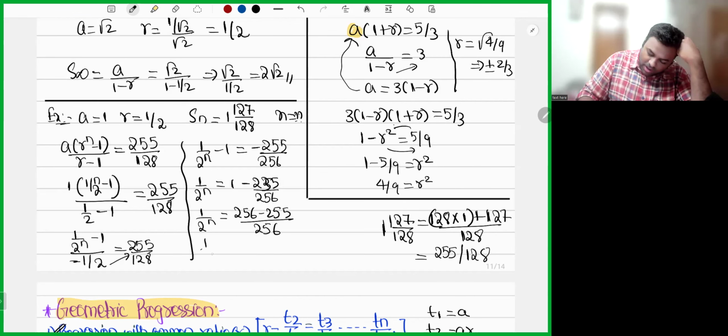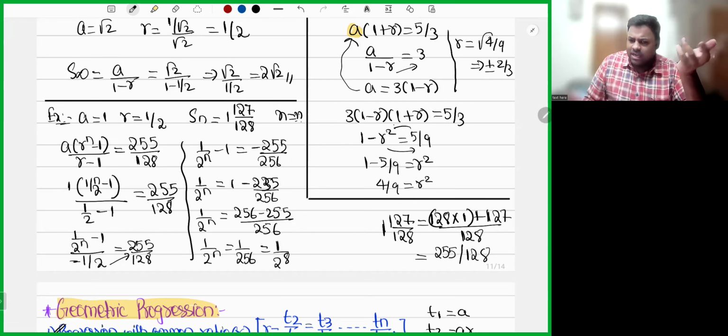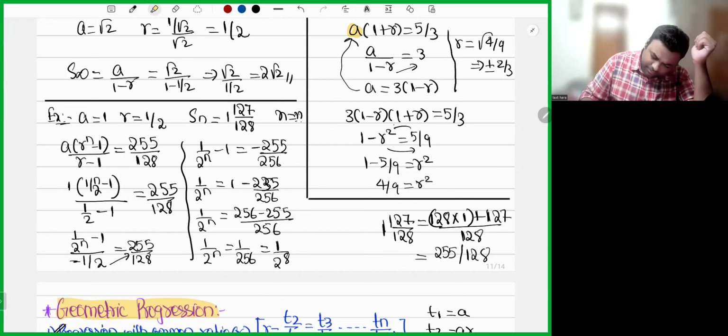So 1 by 2 power n is equals to 1 by 256. 1 by 256, how can I write 1 by 2 power 8? Let me check. 1, 2, 3, 4, 5, 6, 7, 8. Yes, 1 by 2 power 8. So 1 by 256, I'll write 1 by 2 power 8. Again, bases are equal, powers can be equated. N is equals to 8.